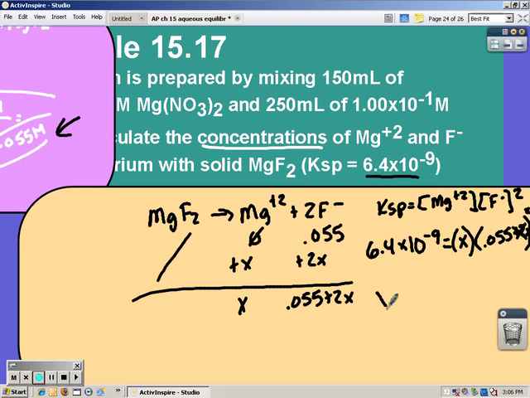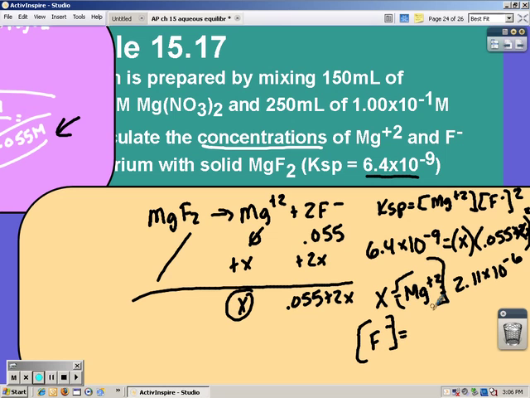So we have x times 0.055 squared, and so our x, which is our magnesium concentration, is 2.11 times 10 to the negative 6 molarity. Our fluorine concentration we get from our equilibrium line, and that's 0.055 plus 2x, which is 0.055. So that's our concentrations at equilibrium.